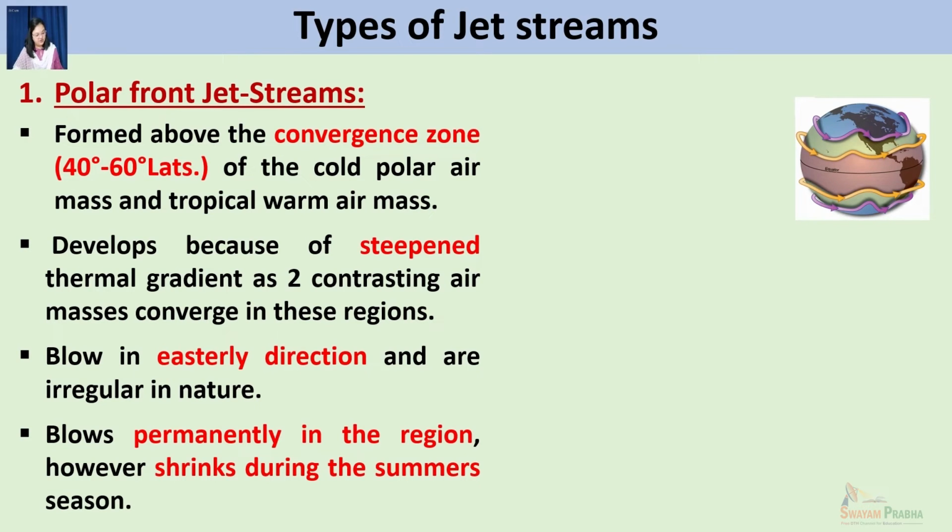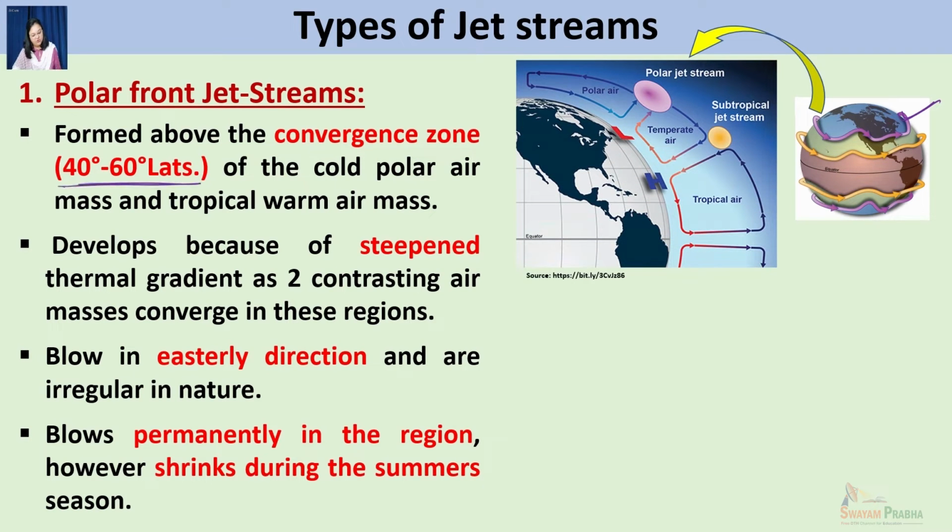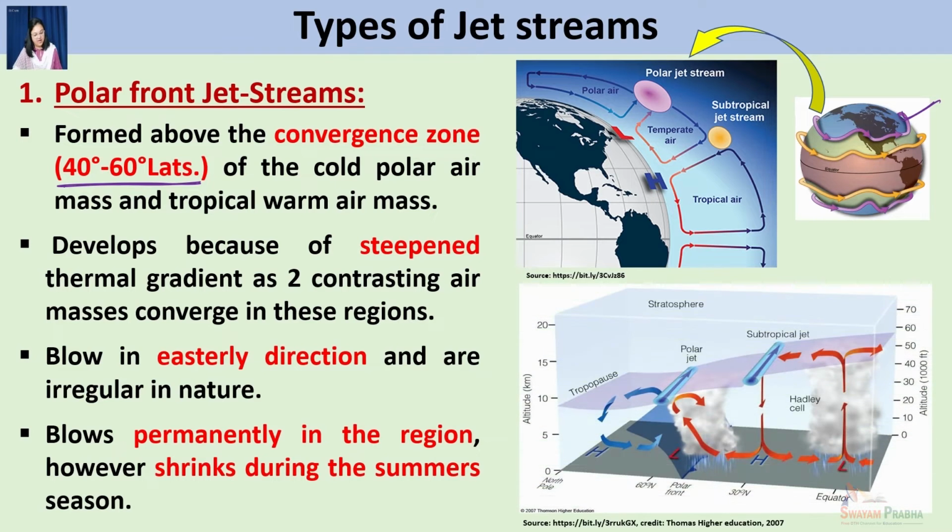As the name suggests, these types of jet streams are primarily found along the polar boundary zones, along the higher latitudes of the world, extending between 40 to 60 degree latitudes. And these particular areas are zones where the polar air coming from the polar areas continuously collides with the warm air which is coming from the tropical areas.